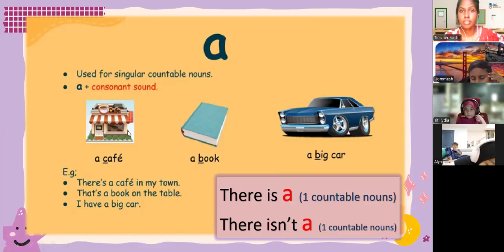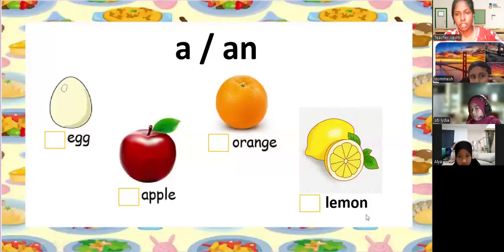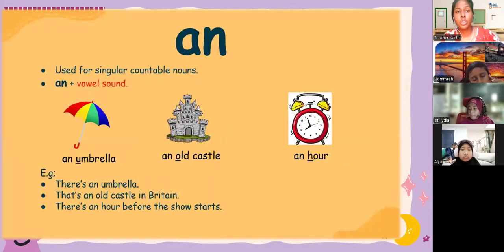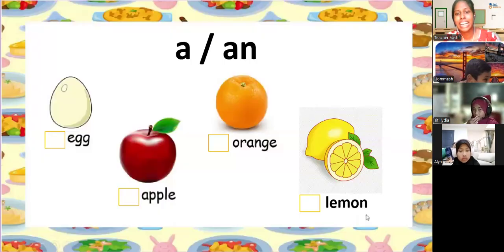Are you done? Yes. Okay. So, if you find only one countable noun, kalau ada satu benda yang boleh dikira, you can use the word a or an. Jika an, make sure it's for vowel. Mesti ada a, e, i, o, u. Jika consonant, then you can use the word a.